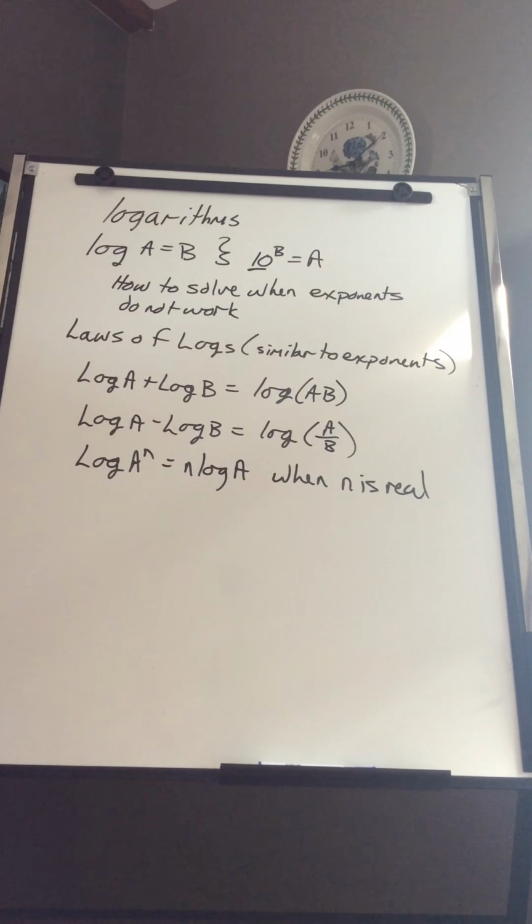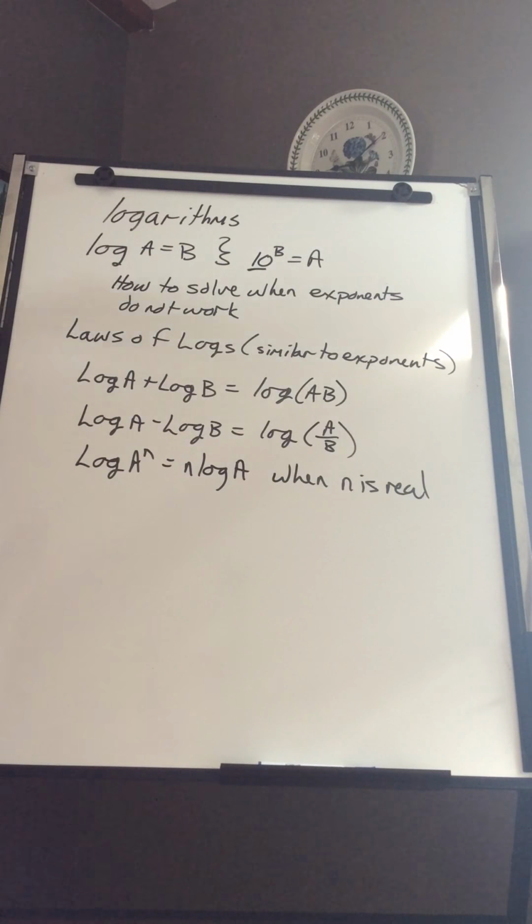So what this is saying is, what number b will give me a? If I know what a is, it's got a base 10, and 10 to the power of what will give me a. This is a really horrible explanation, but we'll keep going.